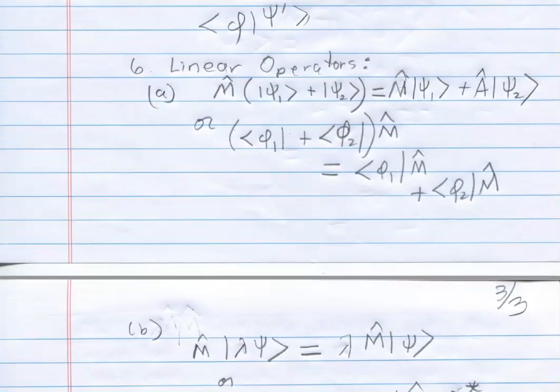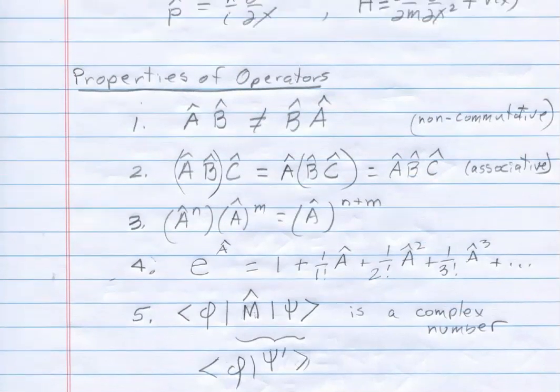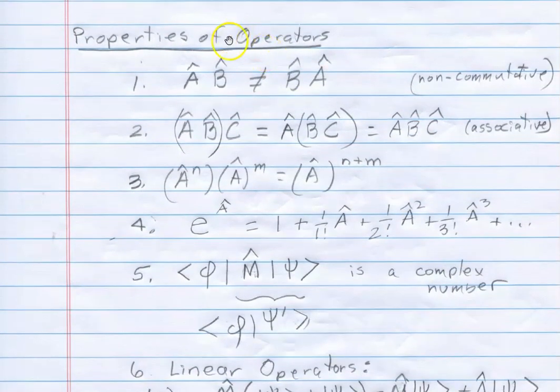We only want to look at linear operators, and that's what ties us really into matrices. If you come back and look at all of these properties, I could just as easily have been talking about matrices. In general, matrices don't commute. With matrix multiplication, the order is important.